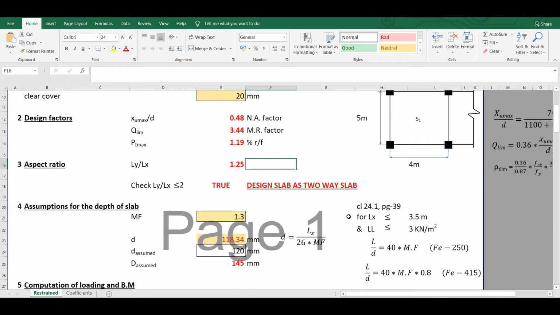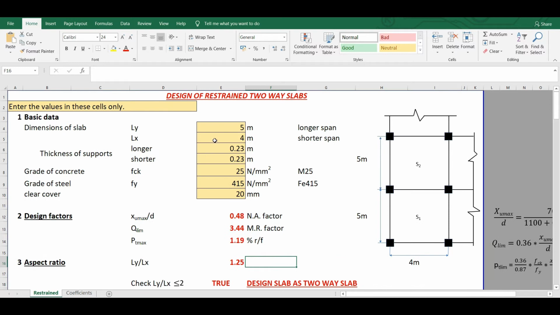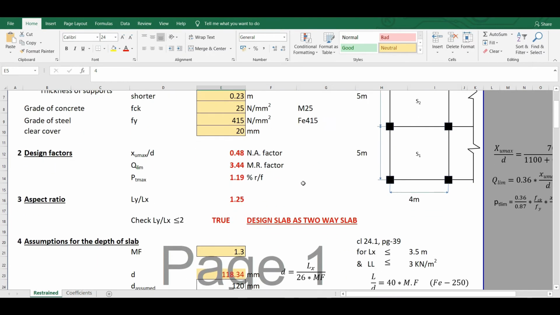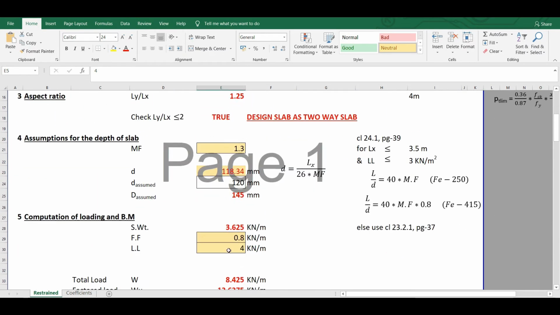But in our case the shorter span is 4 meters, which is more than 3.5 meters, and the live load is 4 kN per meter square, which is more than 3 kN per meter square. So we cannot use this clause, and we will use the clause given on page number 37.